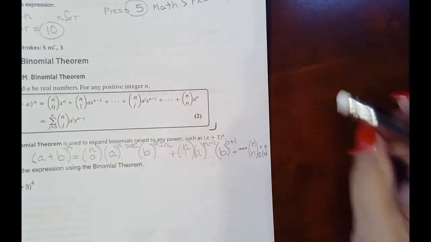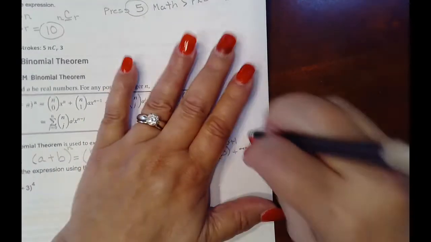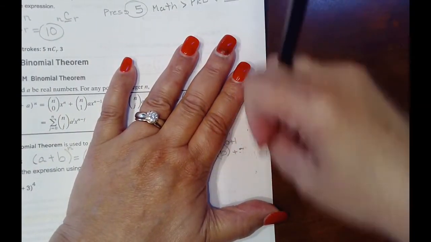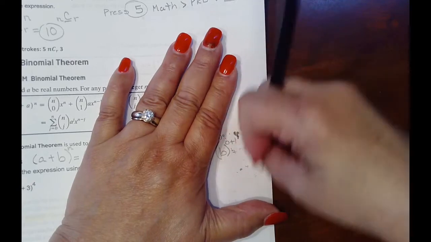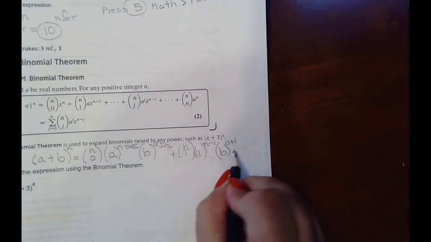All right, let me see if I can just squeeze this in a little bit better. I want you to be able to read it. I have enough room here. Try to write smaller.